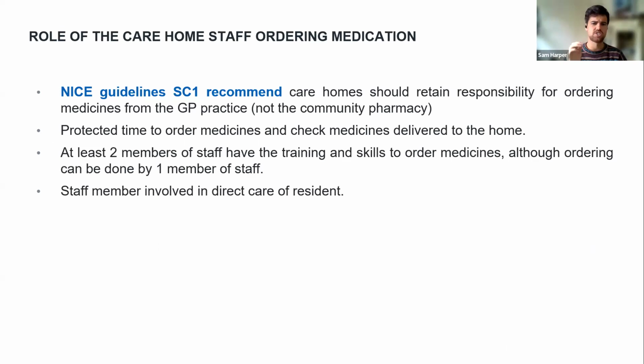And we also say at least 2 members of staff should have the training and skills to order the medication, because you're not always going to have the 1 member of staff ordering medication in the care home. They might be on annual leave, they might be off sick, they might be unavailable. So it's important that you have someone else there who can step in. We found that care homes that don't have 2 members of staff trained and equipped to do this will often revert back to the old way of ordering.